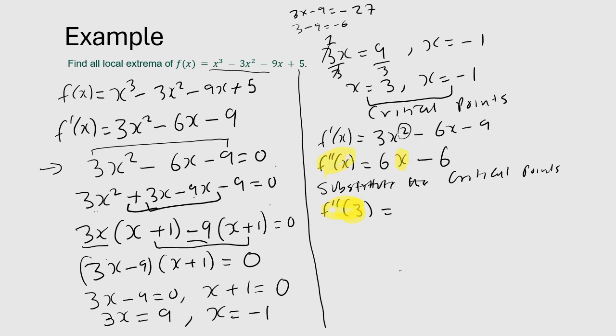So I'll have 6 times 3 minus 6, and 6 times 3 is 18, minus 6 is 12. And 12 is greater than 0. So x equal to 3 is a local minima. Since it's greater than 0, it's a minima. If it's less than 0, it's a maxima.